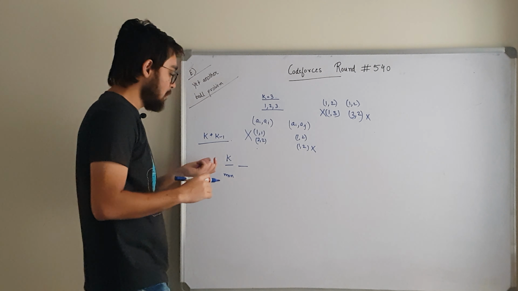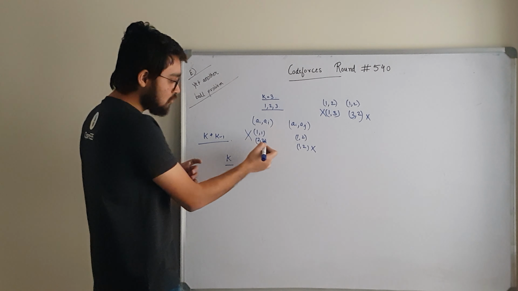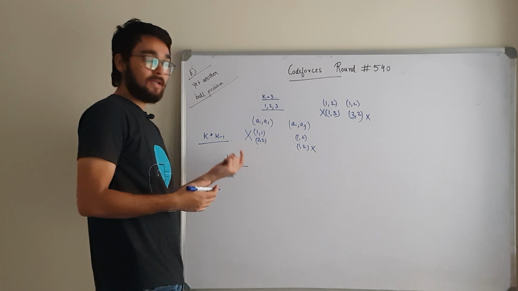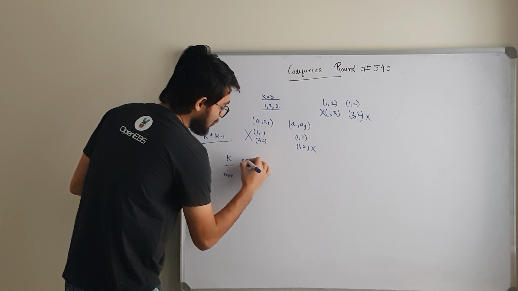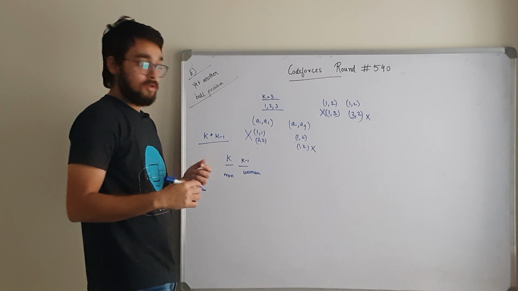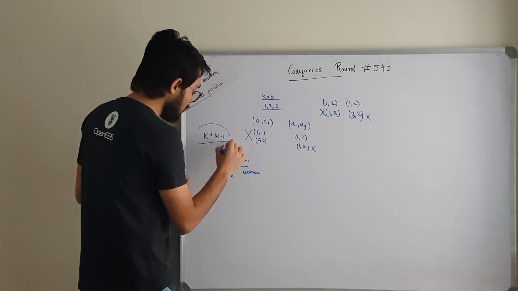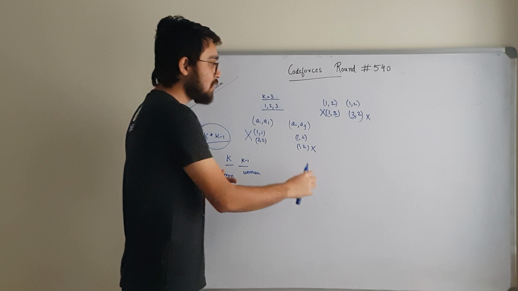As man and woman cannot have the same color, because 1 comma 1 and 2 comma 2 are not allowed, once you pick one color, you are left with k minus 1 colors for the woman. So the number of pairs that you can form with these three constraints is k into k minus 1.